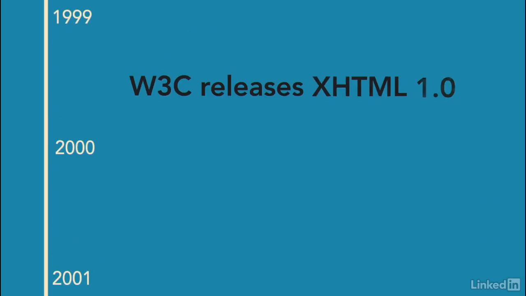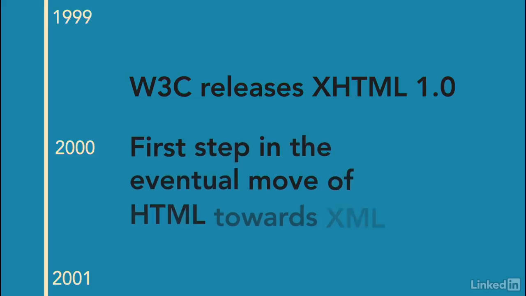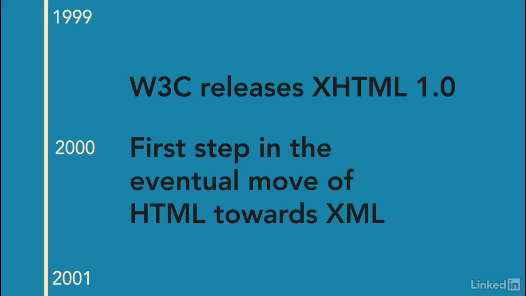Now, around 2000, the W3C, which is the standards body that's responsible for publishing HTML, began the process of trying to move HTML towards XML by publishing the XHTML 1.0 specification. Their goal was to eventually have HTML follow the stricter rules of XML and have the language be more extensible.